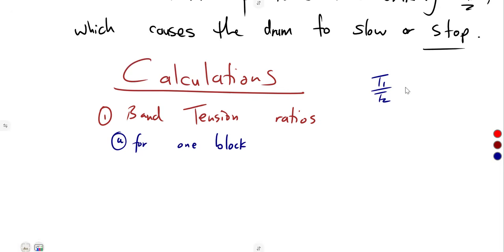You were used to T1 over T2 is equal to e to the exponent of mu theta. But this is now considered different. So it follows that T1 over T2 is equal to 1 plus the coefficient of friction times tan theta. Take note, this is not 2 theta, it's theta.